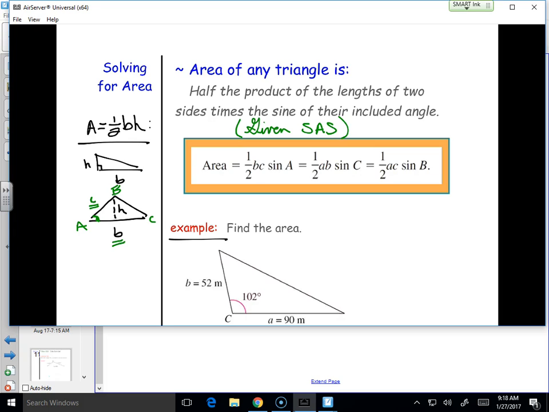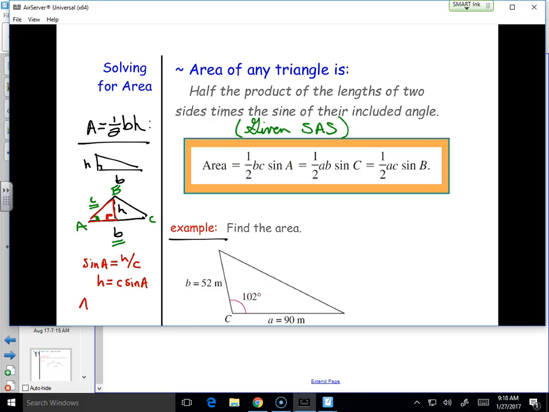How could we find h? Well, we could say that h is its own little right triangle. We could say sine of A is equal to opposite over hypotenuse. Then h is equal to hypotenuse times sine of A. We're just looking at this little right triangle that is a part of the bigger triangle.